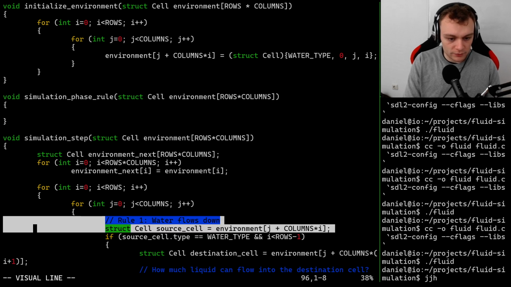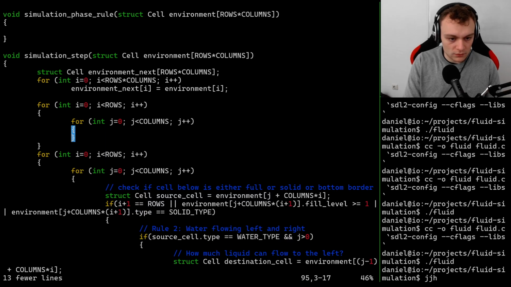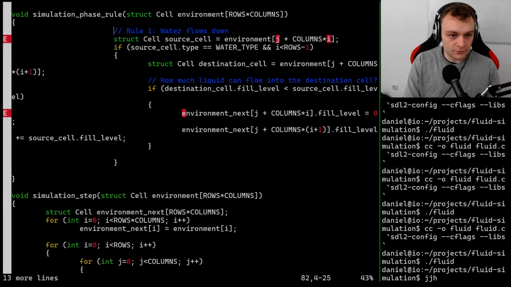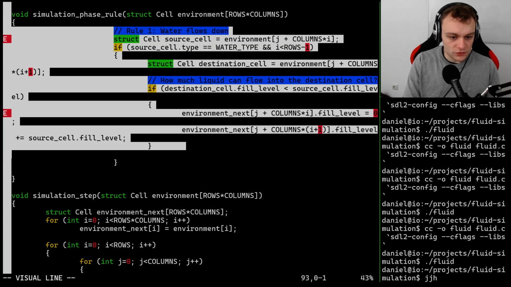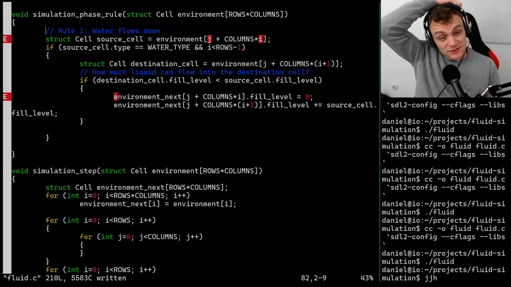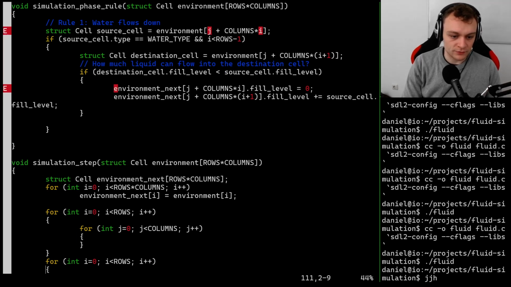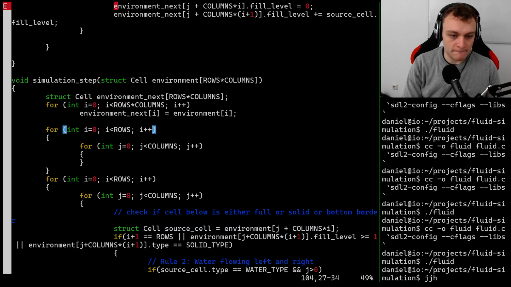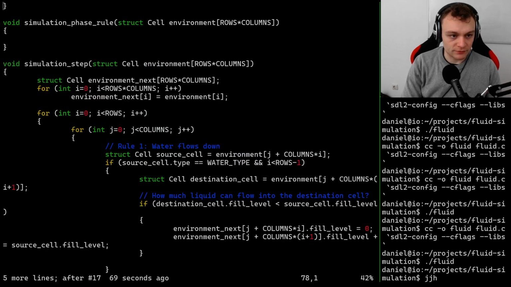So let's copy this, and we pass the entire environment. And also we should pass the coordinates of the current cell we're dealing with. Or we should pass the entire loop into there. Yeah, let's just copy the entire loop there.